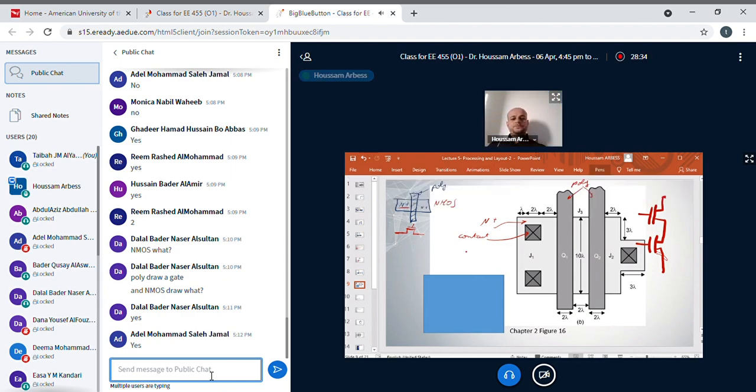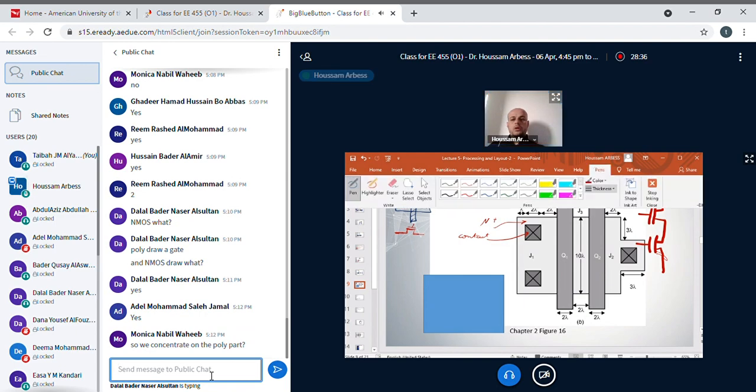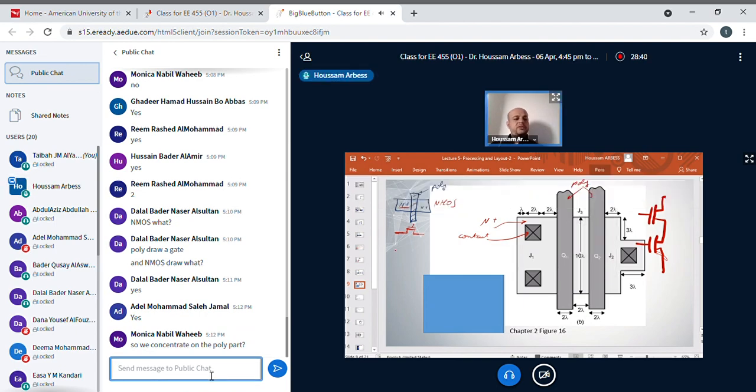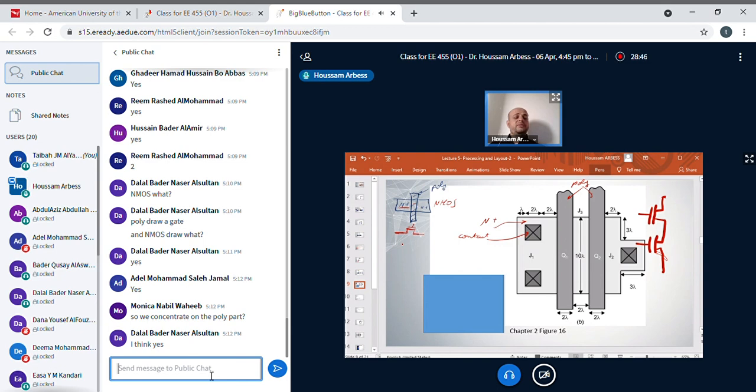Now we move to the second part. Well, everyone has their own method. For me, I have to see poly, with N plus from the first side and N plus from the second side.